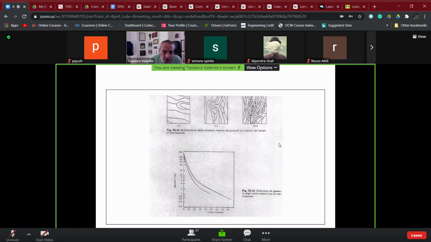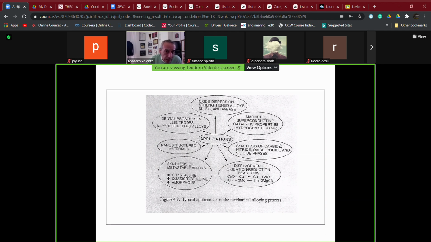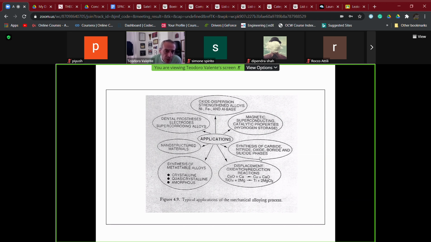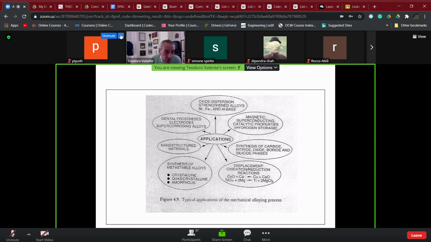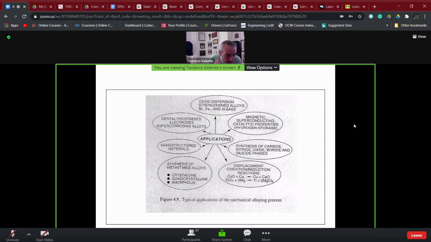This technology of building an alloy can be used not only, generally speaking, for the fabrication of ODS powders, but also for the fabrication of nanostructured materials, again starting from powders, so nanostructured powder materials, we should say.